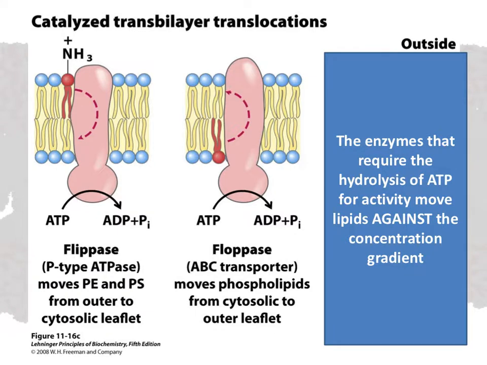So, here we go. These are flipase and flopase, and it doesn't matter which one is which. Flipases are called P-type ATPases. Flopases are ABC transporters. P-type ATPase requires ATP.